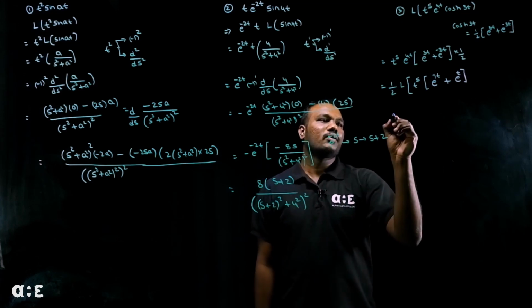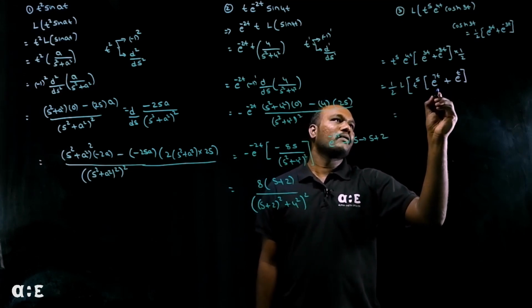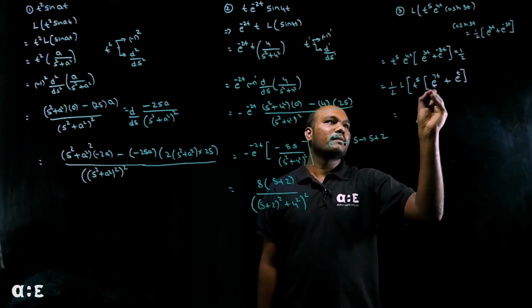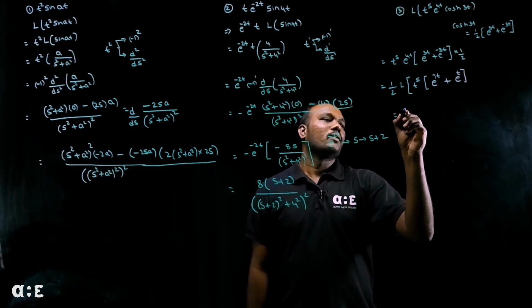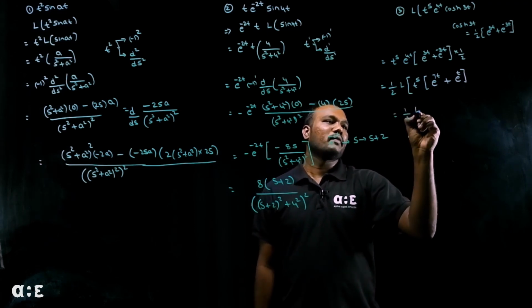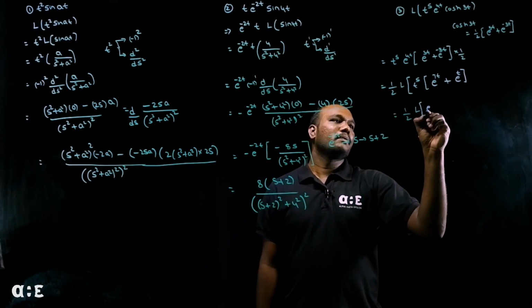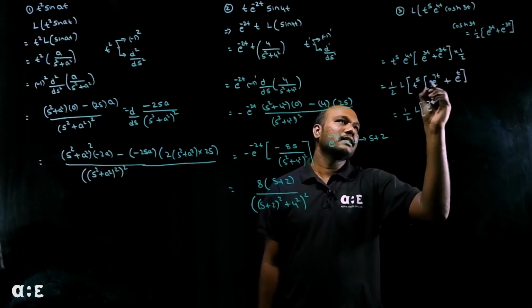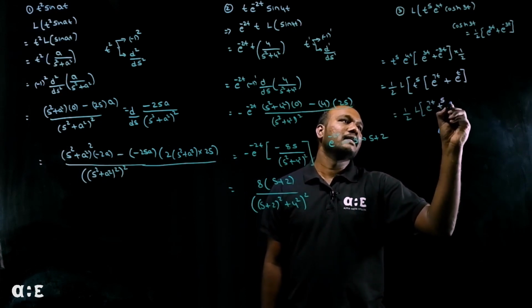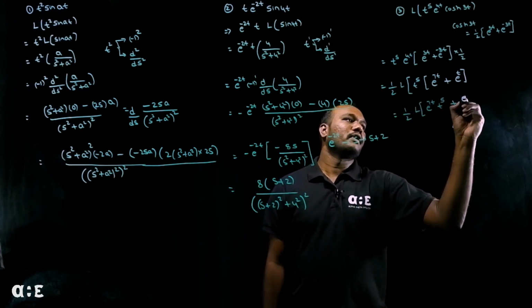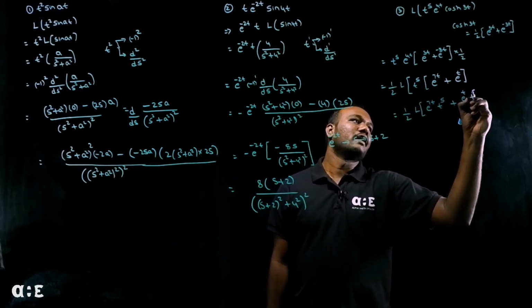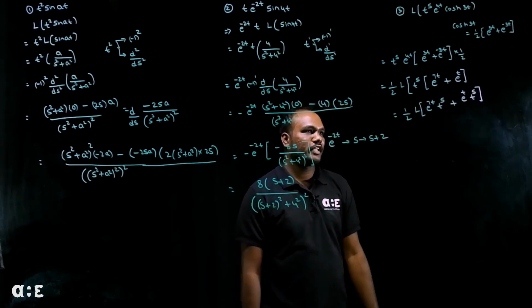Isn't it? So how to solve this? I have to take e power 7t and e power t. I'll multiply this inside. I'll get 1 by 2 Laplace of (e power 7t times t power 5 plus e power t times t power 5). Next, what I'll do?